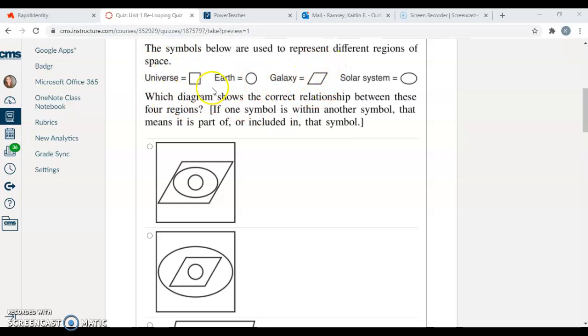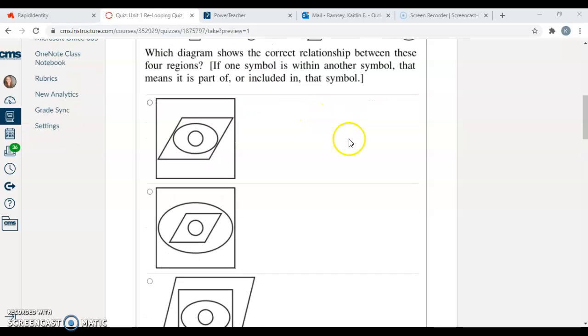So we want to do universe first, then our next largest would be our galaxy, then our solar system, and then our Earth. So take a minute to pause and choose whether A or B would be the correct answer here. So remember, we need to go universe, galaxy, solar system, planet, which is Earth.